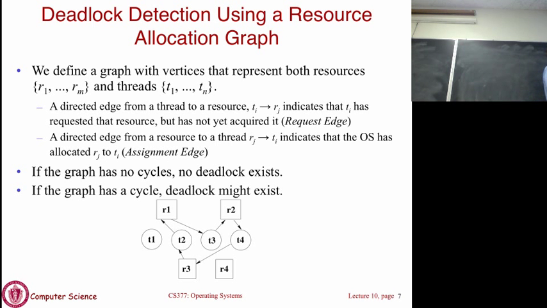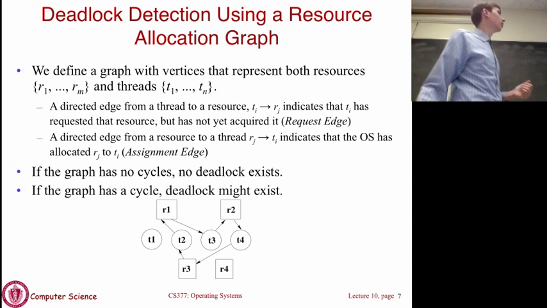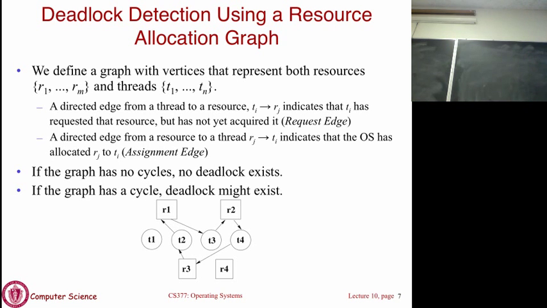So what can we say about this? Well, what we can say is that if there's no cycles in this graph, then no deadlocks can exist, right? And this is essentially the idea of circular wait. Let's start: is there a cycle in this graph? Yeah, there's a cycle in this graph.